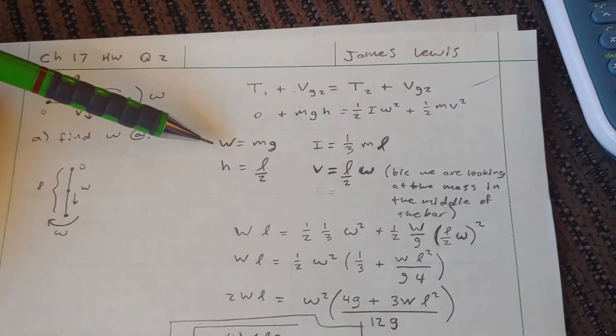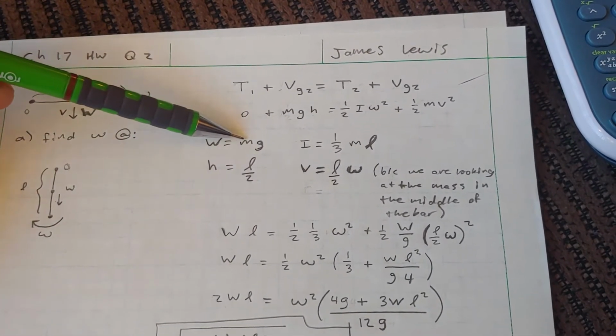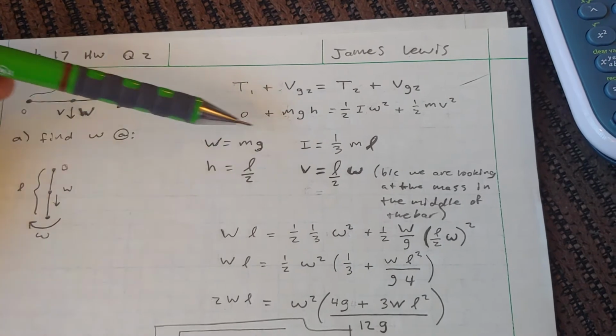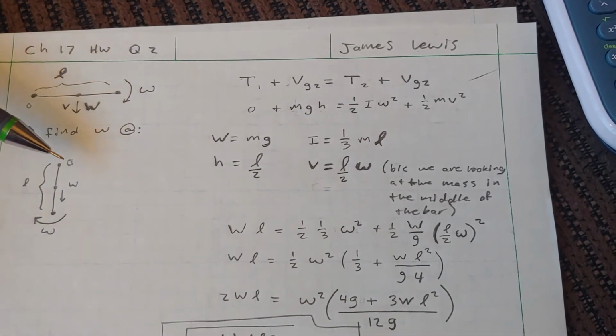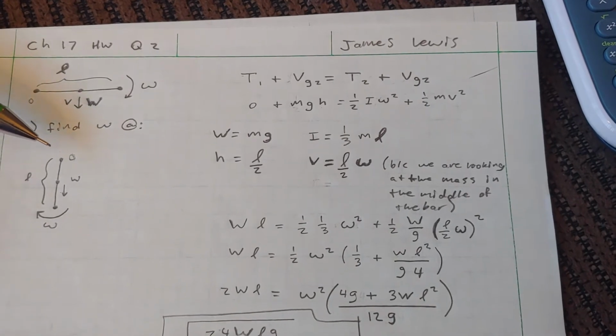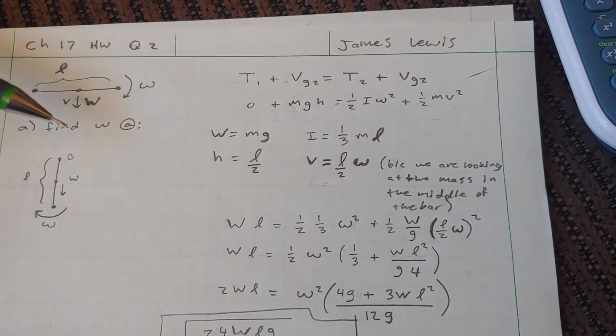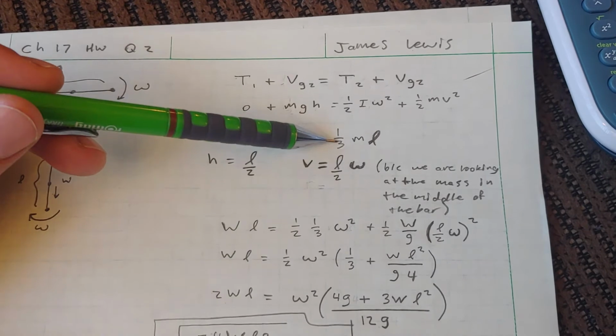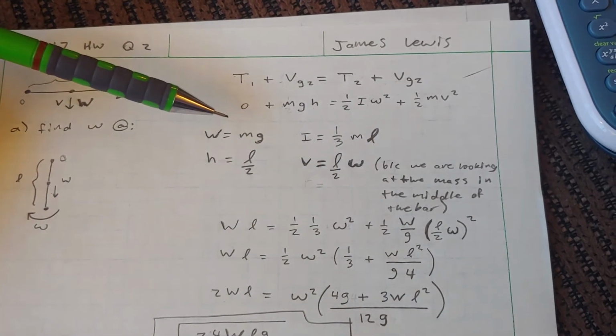So we have our weight is equal to mass times gravity. Our inertia, because it is a rod pivoting on one end, is 1/3 mass times length squared.